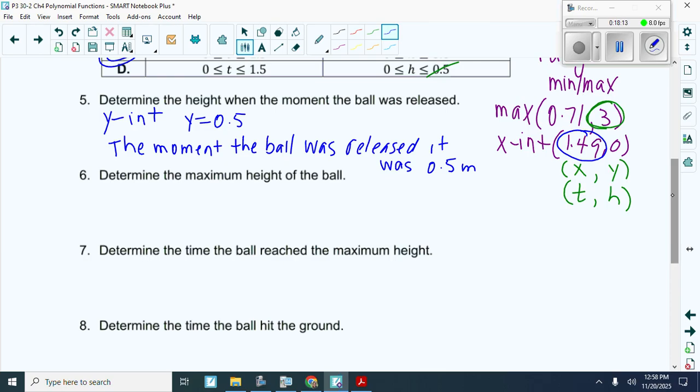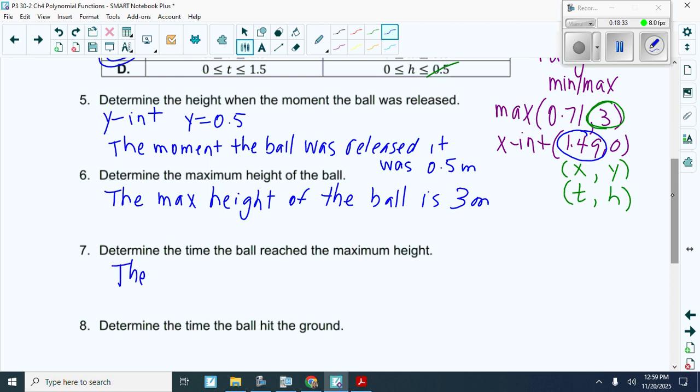Absolutely. Okay, determine the max height of the ball. We did the max over there. The max height of the ball is 3 meters. Determine the time the ball reached the maximum. The time was 0.7 seconds to reach the max height.